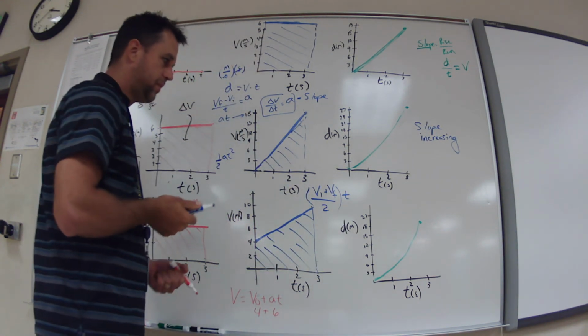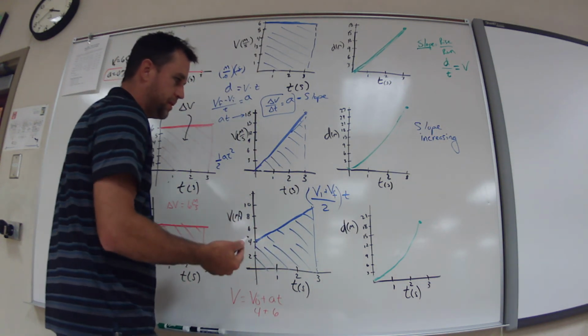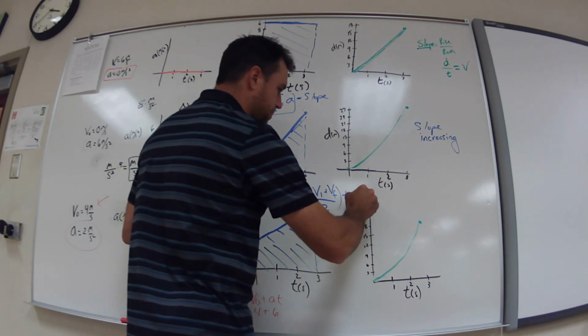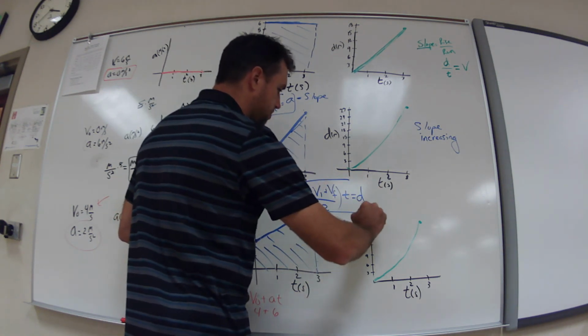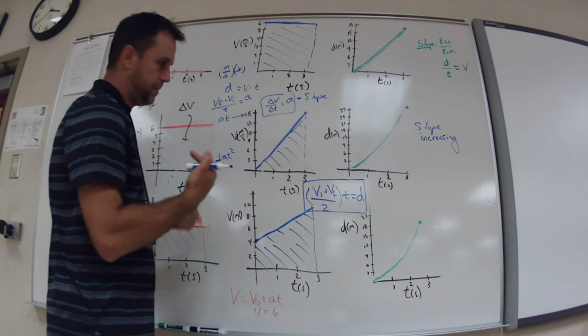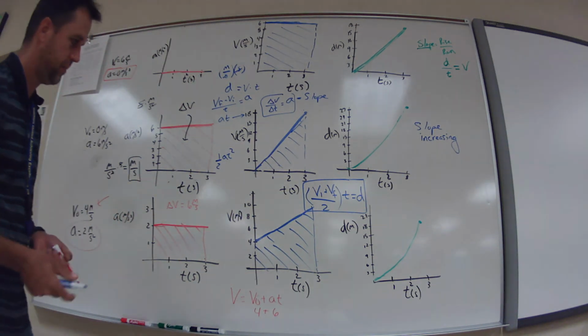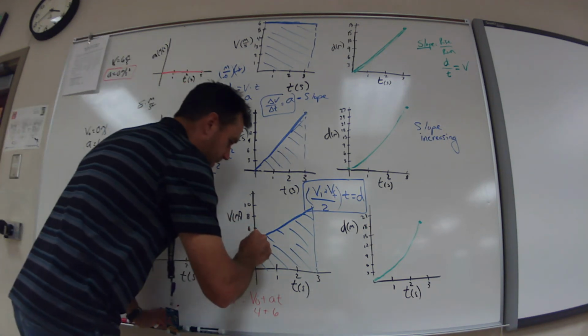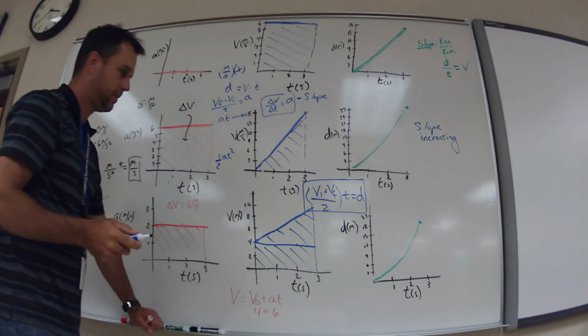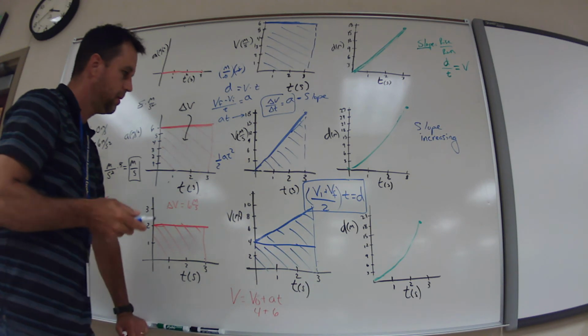Right, so that is one of our UAM equations for the displacement. Area under the curve is the displacement. So it's V initial plus V final over 2 times the time is going to equal the displacement. Right? There's a second way you can find this area, and that would be to think of it as a rectangle and a triangle. Okay?